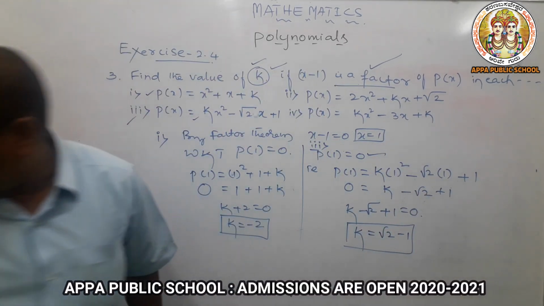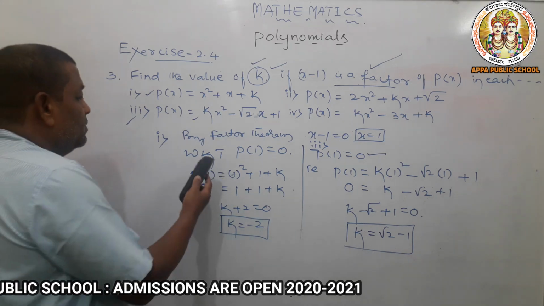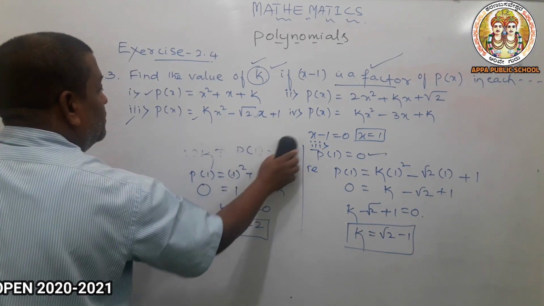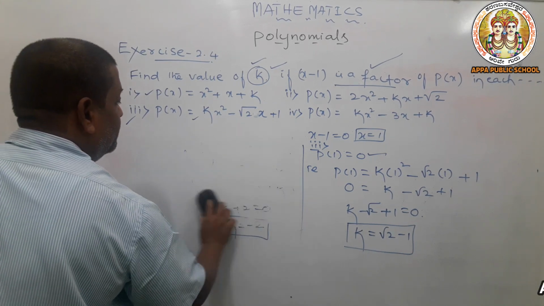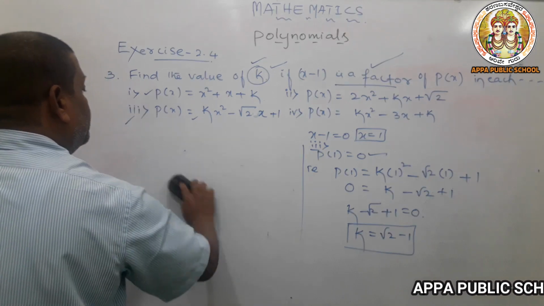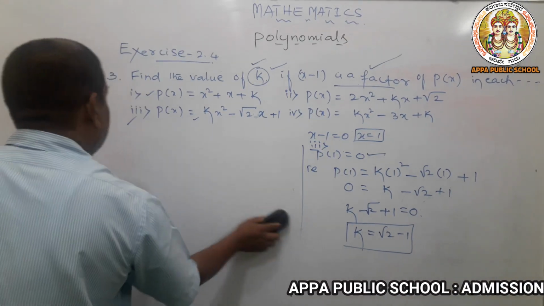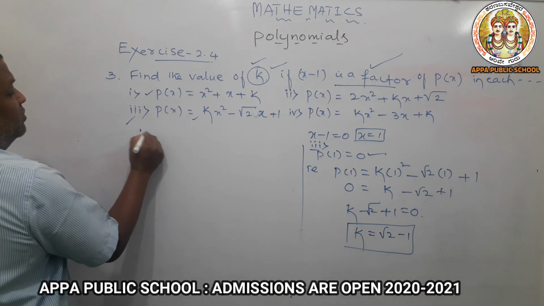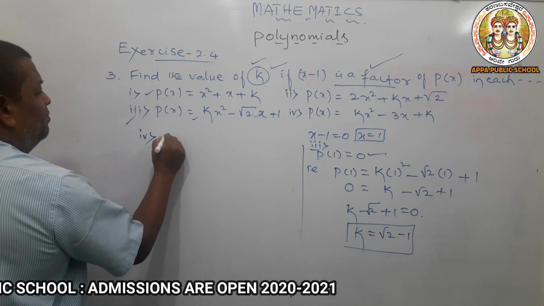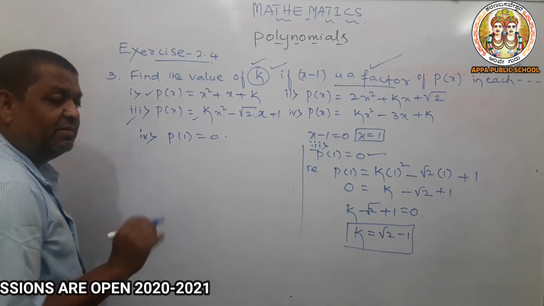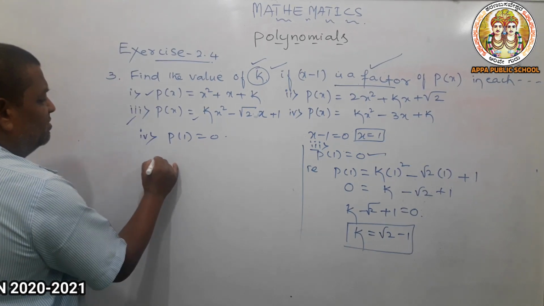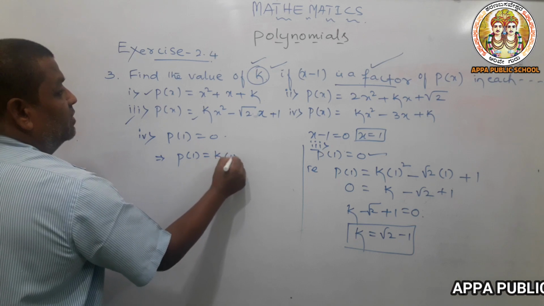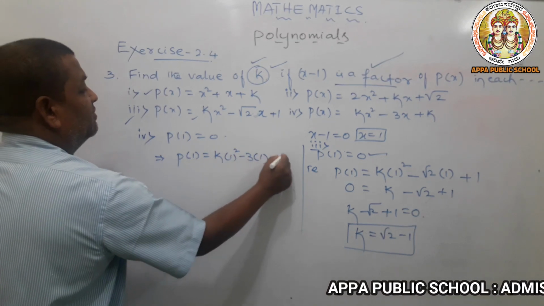Here also, the fourth one. If we take the fourth, we can do the same. In the fourth, once again P of 1 is equal to 0, the same for all. It implies P of 1 is equal to k of 1 square minus 3 of 1 plus k.